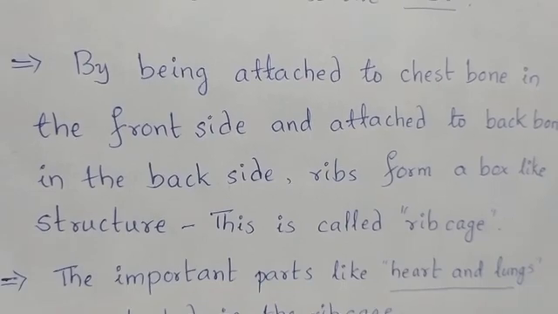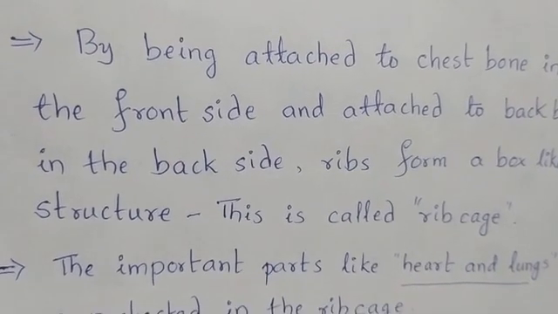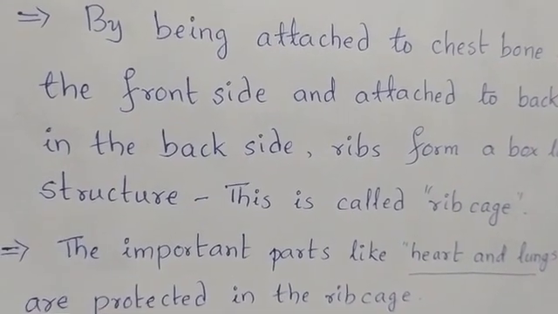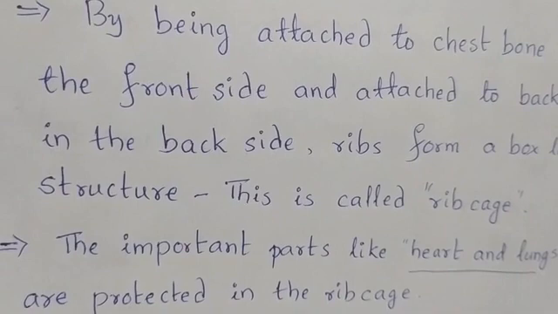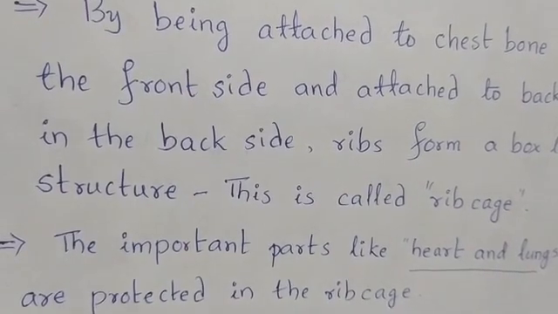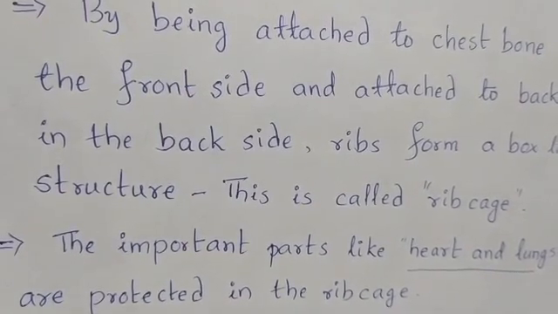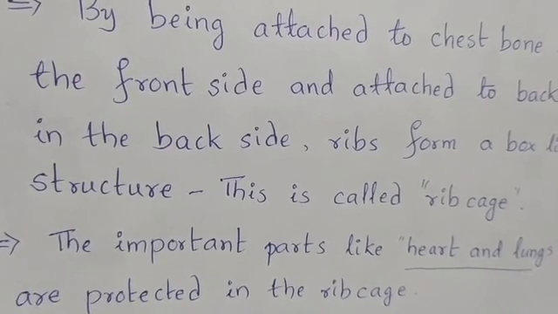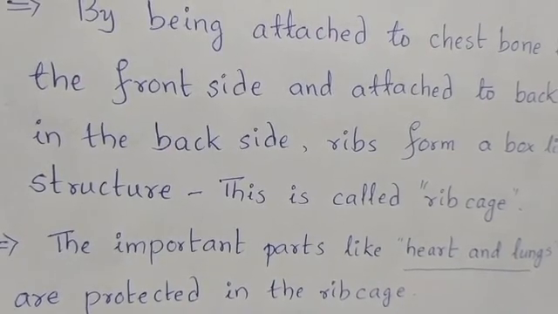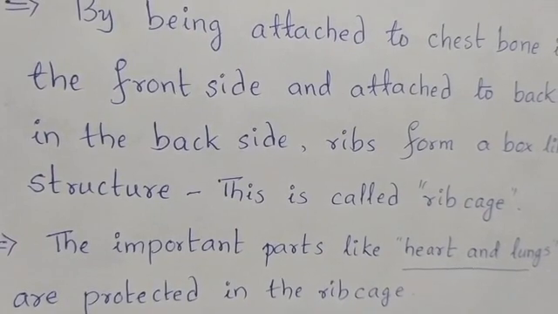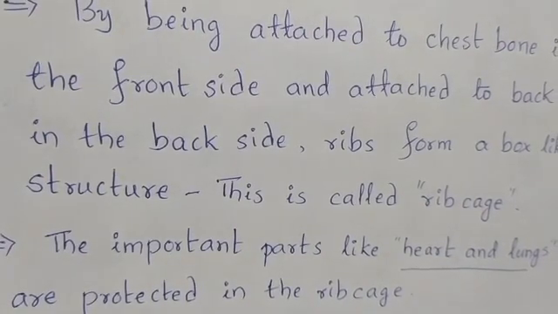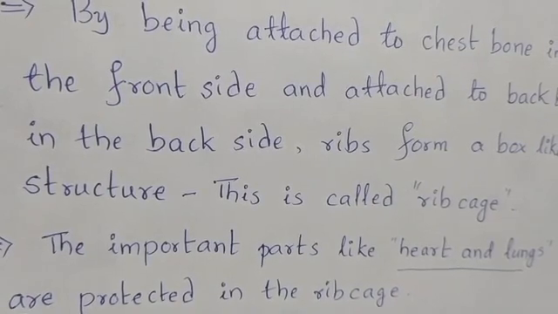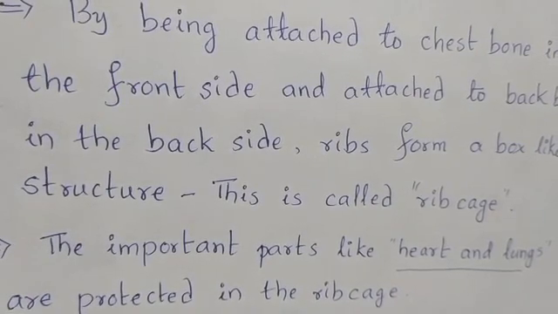In our body, there are many important internal parts, out of which the heart and lungs are very important parts. It doesn't mean that other parts are not that important, but if other parts stop functioning temporarily, they can be repaired and we can still be alive.